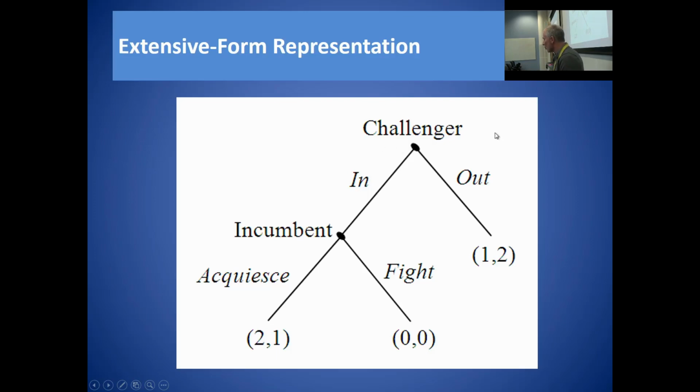And we'll start where the first player makes its move. And in this game, the first player to make its move is the challenger. And the challenger chooses over two potential strategies of either in or out. Now, if the challenger does choose out, the game ends and the players get their payoffs.